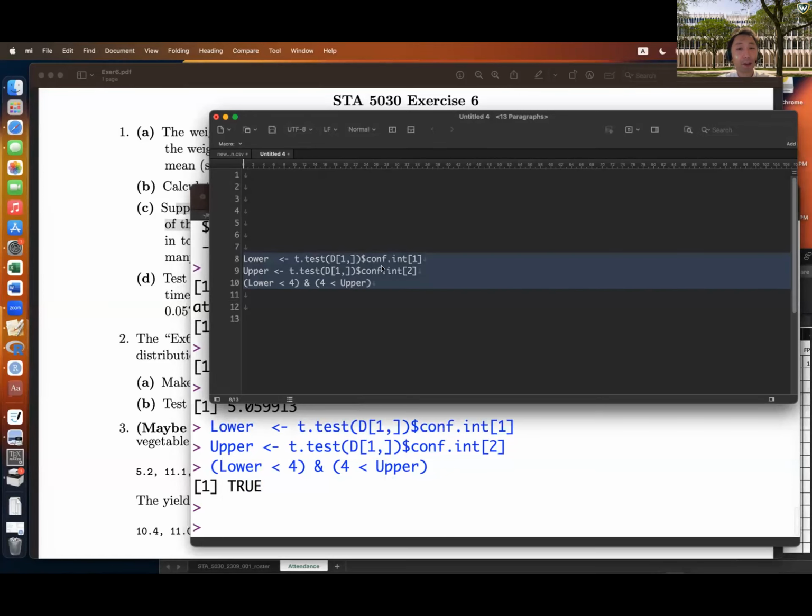So now we have to generalize this into the ith row of the data.